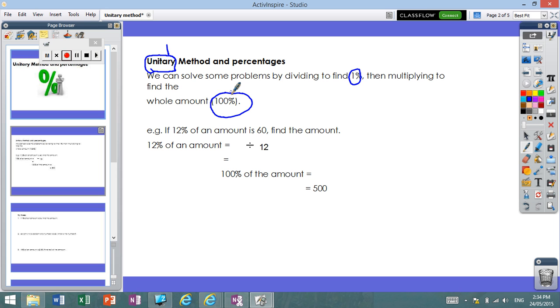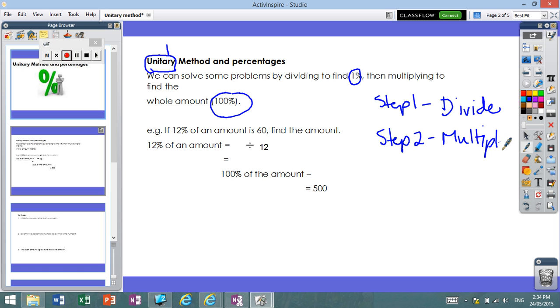So basically we have two steps. The first step, step 1, means that we have to divide the given numbers that they give us. So the first step is divide. The second step is to multiply. And this will make more sense when I go through the actual example.